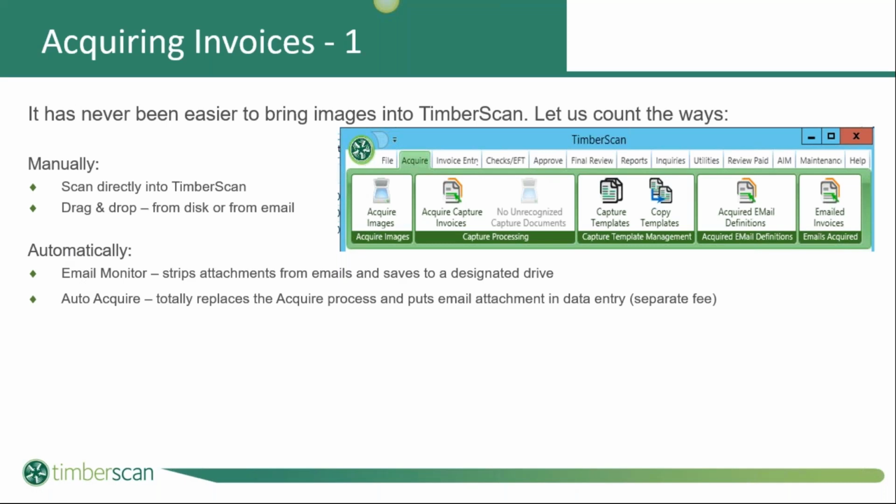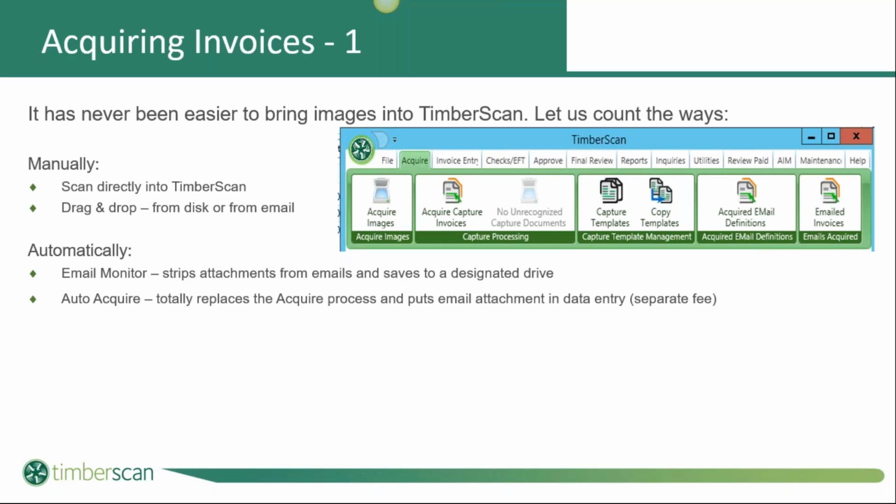So again, just to distinguish the two, because you'll hear these terms thrown around, our email monitoring system can automatically take those attachments from your emails that you're sending to a designated email box, strip those attachments, and put them in a designated folder that you specify. The auto acquire process for a fee totally replaces the acquire process and puts that email attachment in data entry. So there is no acquire step.